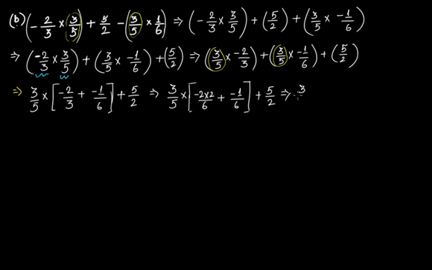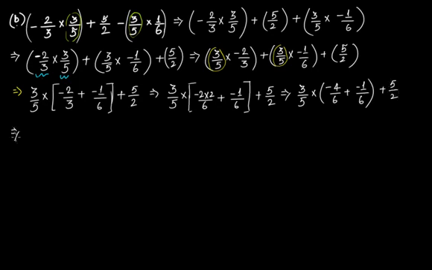This is 3 over 5 times minus 4 over 6 plus minus 1 over 6, right? plus 5 over 2.